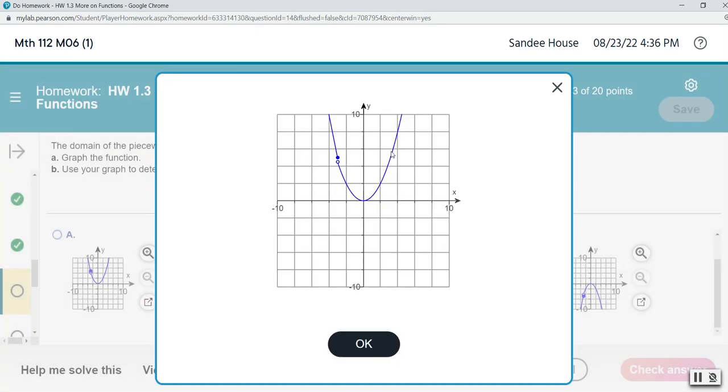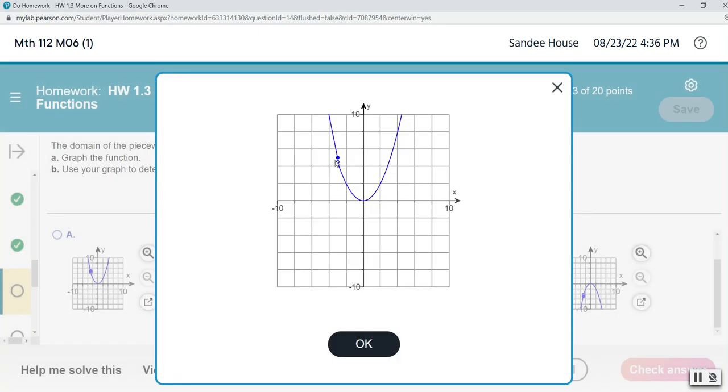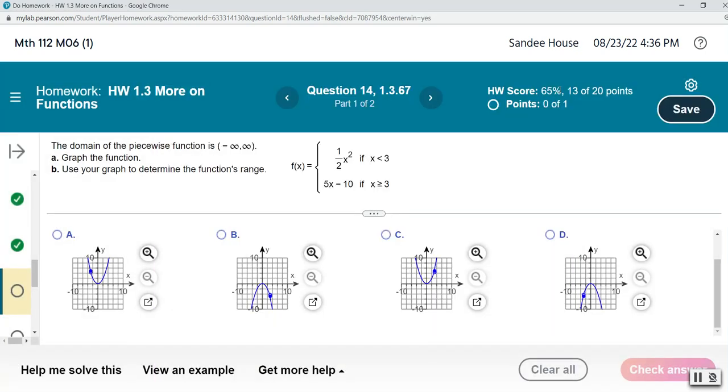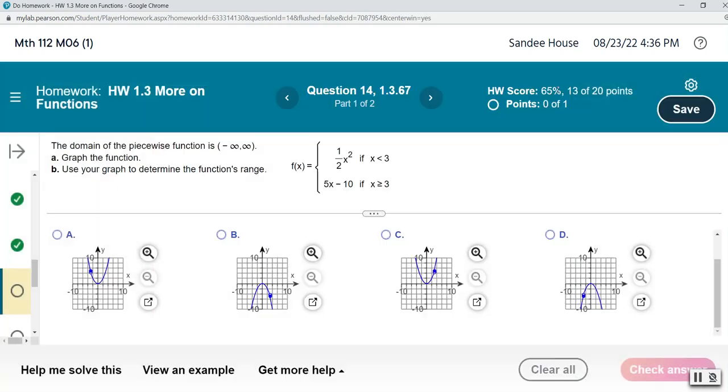The U shape is supposed to be, again, look, U shape to the left of 3. Well, this U shape is to the right of negative 3. So that's not it. This U shape is upside down. I will show you how that happens, but it didn't happen here. We just saw the graph. It's a U shape up.